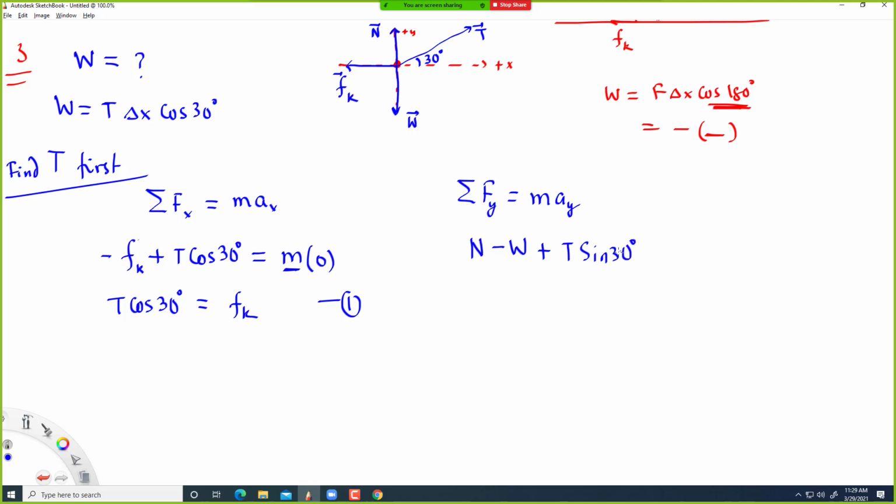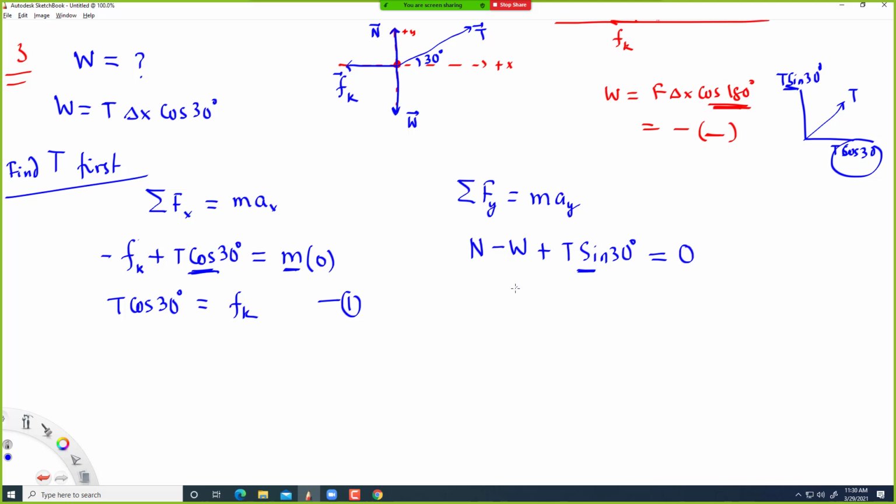Okay. So weight down, normal force up, and this T sine theta also up. So this is tension. It has this x component and this y component. Okay, so the x component goes here and the y component here. Okay, that is equal to 0. There is no acceleration in the upward direction.